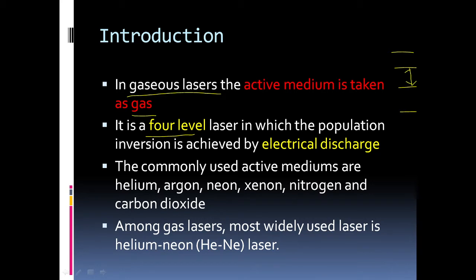One is the ground level, the second is the lower lasing level, the third is the upper lasing level, and the topmost is the population inversion level.